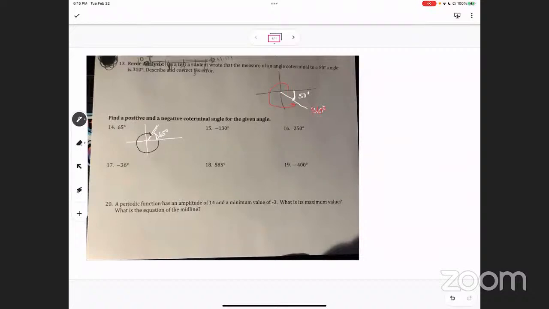So it's 360 minus 65, and it's the negative version of that. Or I should say it's negative 360 plus 65 to be correct. And your answer would be negative 295. Negative 295 degrees.